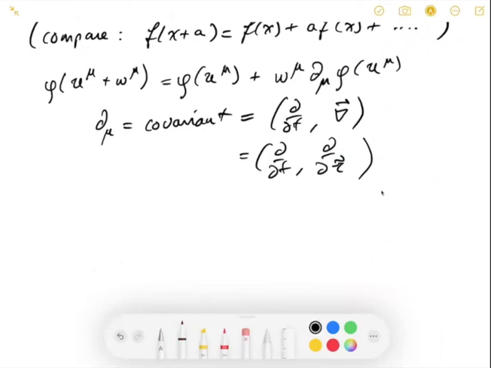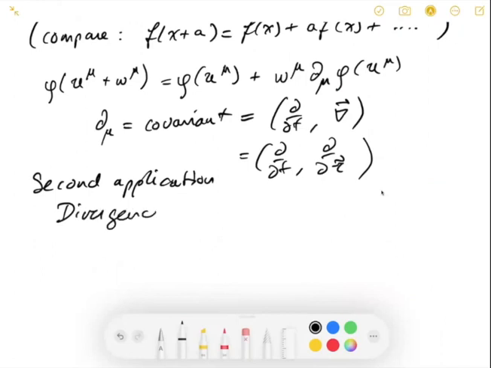The second application, the divergence. So remember that if we have some kind of field, so we've got the electric field, take the divergence, then that's like doing a dot product.